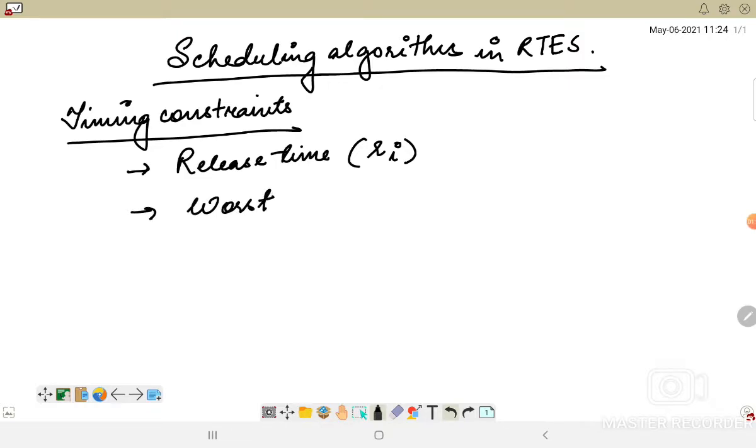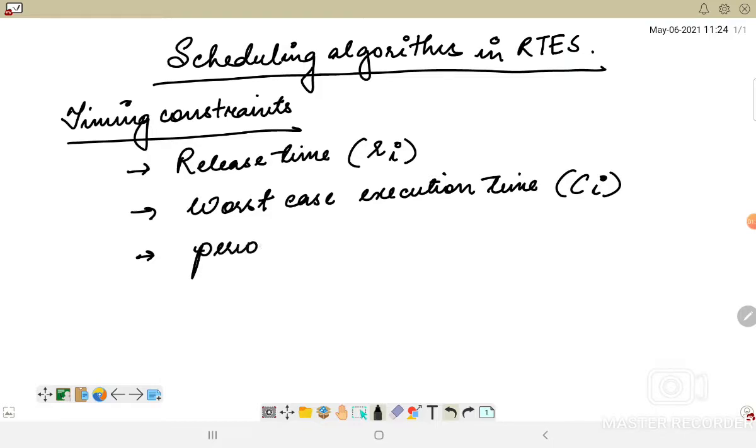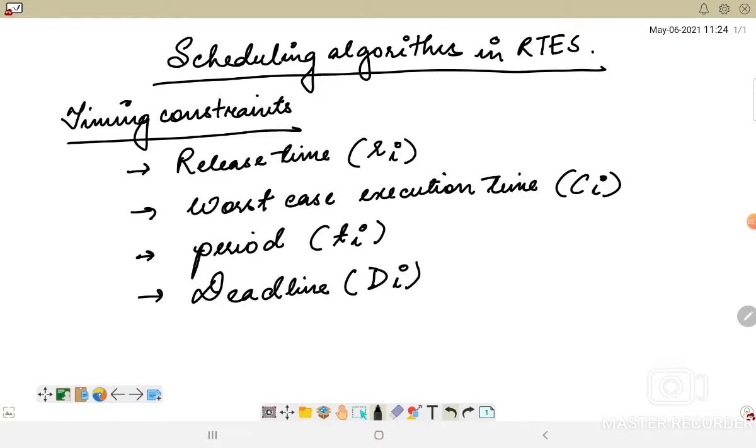That means under which worst case scenario will the task be executed, worst case execution time, which is represented as Ci, the execution period, which is represented as Ti, and the deadline. That means the limit to which you can execute your process. So it is represented as Di. These things will be calculated for each individual task.